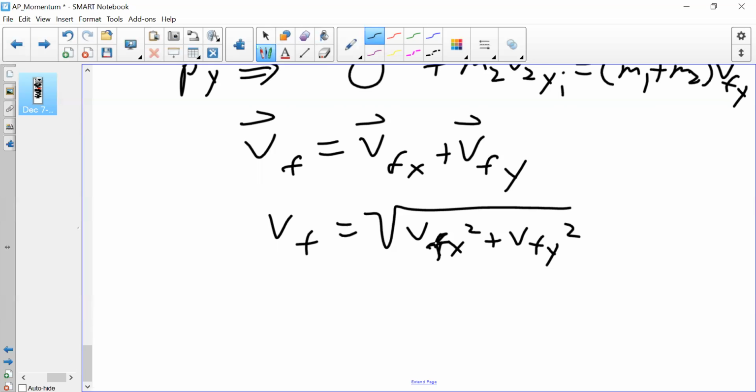We have our final answer, VF, and then we can get our angle and our kinetic energy, all that. I encourage you to look at that proton-proton collision example. Very nice. Solving problems like that, you're really building some physics muscle.